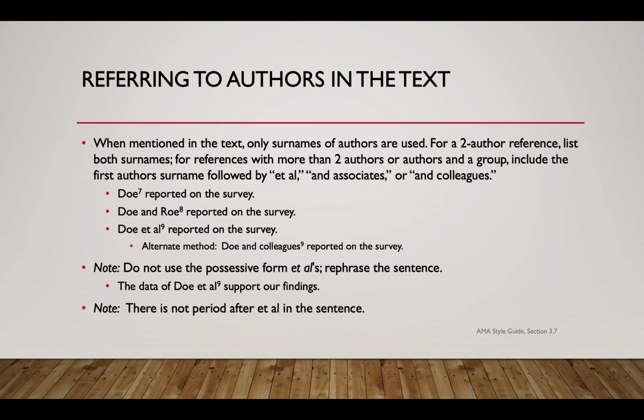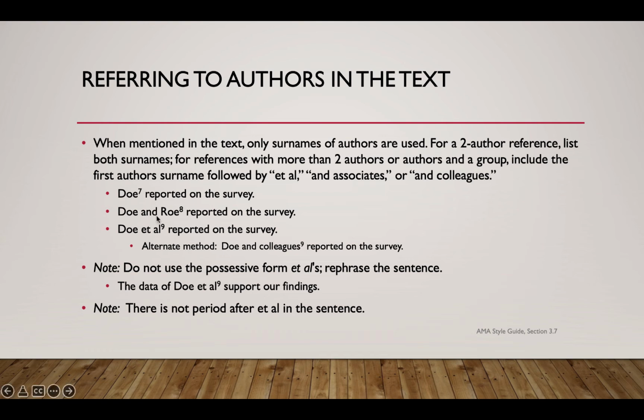So let's talk about that a little bit further. If there's one author, you use just their last name. If there's two authors, you use both of their last names and join it by the word and. You do not use a first name. You would not use Jane Doe and Robert Rowe.